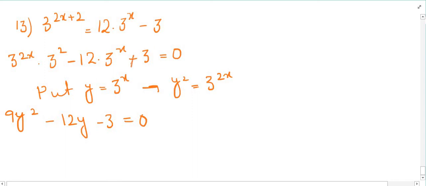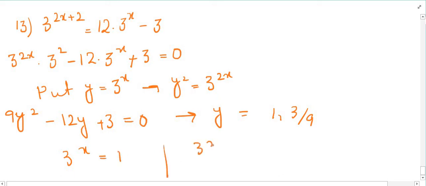This is plus 3, because when I shift it to the left, the sign will change. Okay. Make some roots. After factorization, you will get y equals 1 and 3 by 9. Again substitute y equals 3 to the x: 3 to the x equals 1 and 3 to the x equals 3 by 9.